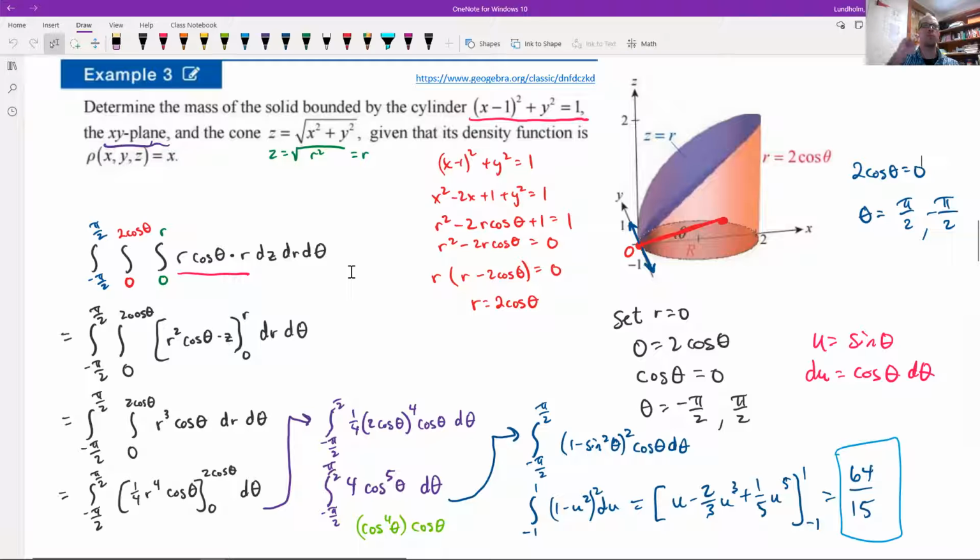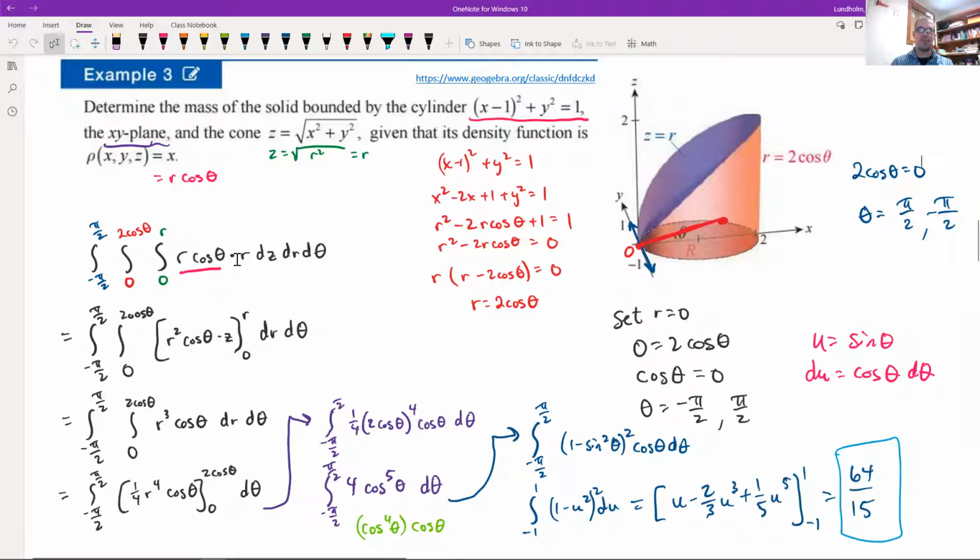I guess one part that I did not do, that I just had underlined here, and I didn't actually do a good job of showing where it came from, is this r cosine theta in our integral. That r cosine theta is the density function, and translating into polar coordinates, x turns into r cosine theta.